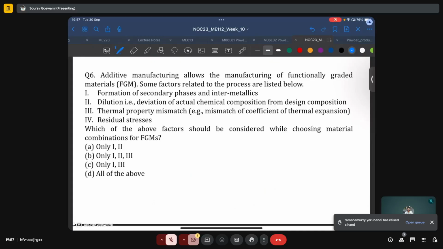So these are some aspects or some considerations which typically come up in the discussion of say additive manufacturing of FGMs. Now, which of these above factors should be considered while choosing material combinations for FGMs?